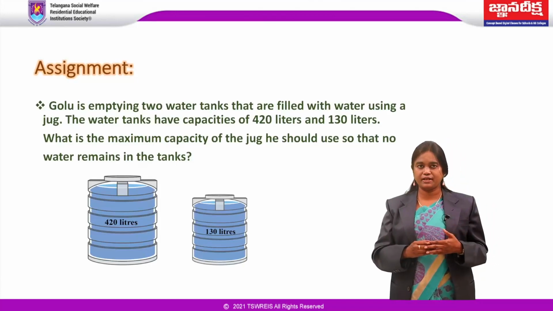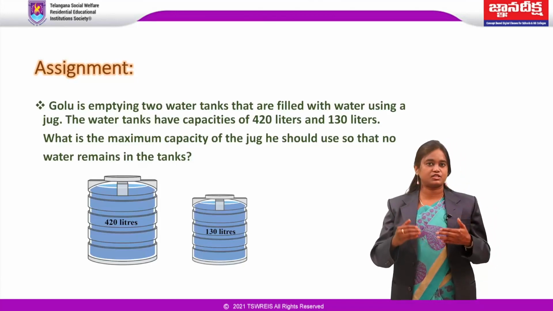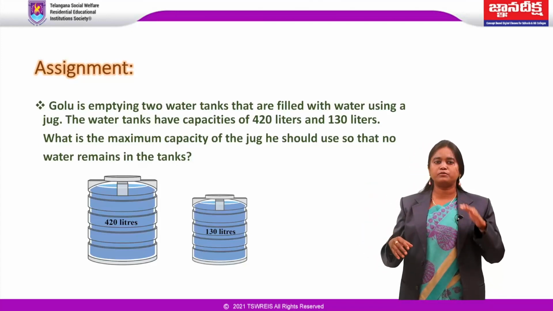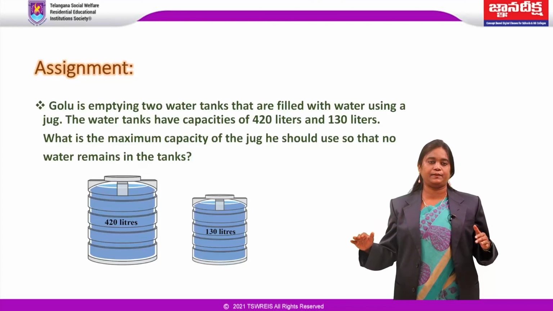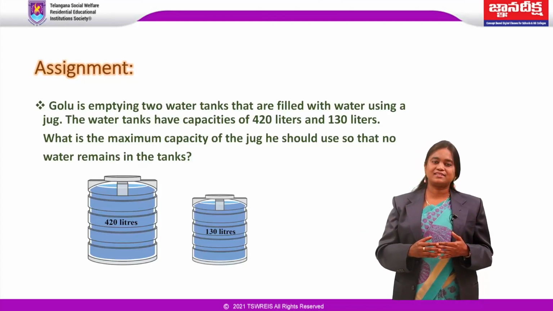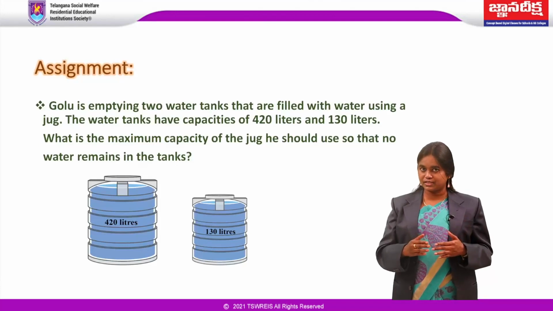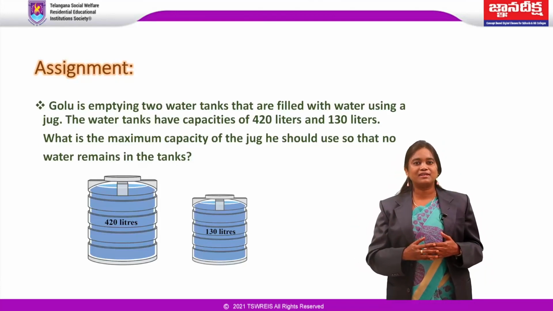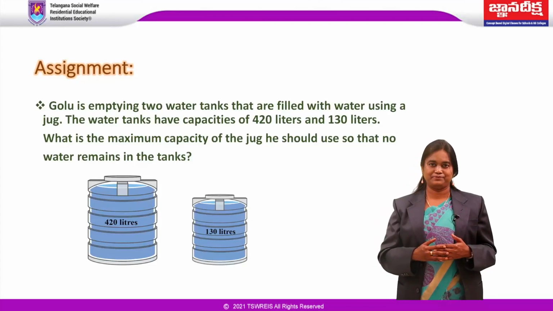You need to find the maximum capacity of the jug that can empty water from the 2 tanks completely. So, you need to find the HCF of 420 and 130 applying Euclid's division algorithm.